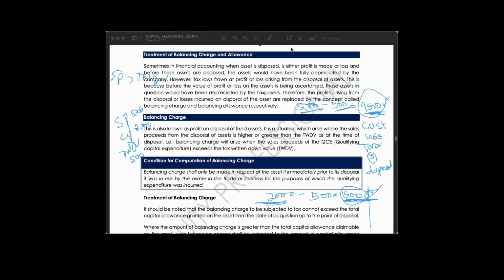My balancing charge is 4.5. So we are saying that your total balancing charge cannot be more than total allowance claimed. Therefore, I am only going to charge to tax 1.5. So the tax authority can only charge me on 1.5, not 4.5. We are going to be doing some explanation as we move ahead.